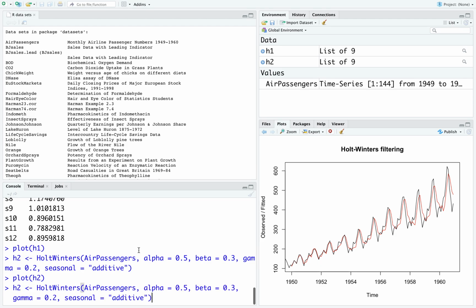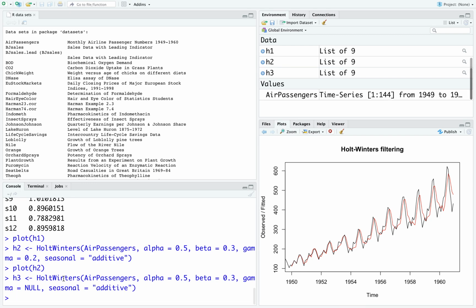Let us try a third model, H3, where I will keep these values, I will do double exponential smoothing. Will keep additive, but I will make gamma null, no seasonal component, only. Now, what will happen if we plot H3?